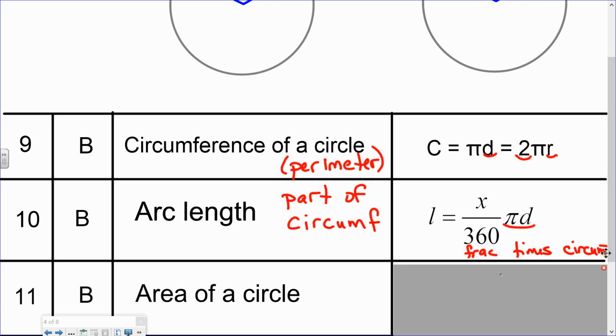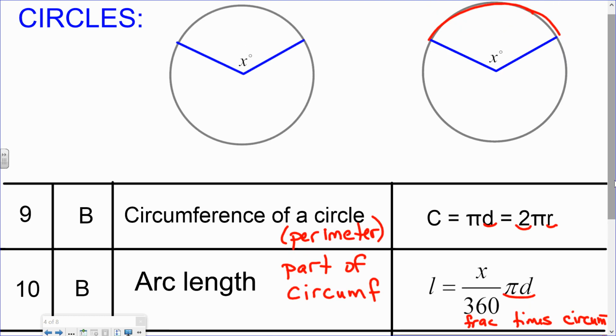So here's the circumference, pi d. The fraction would be, if it is 360 degrees all the way around the circle, but we're only going x degrees, and that's if we have the vertex right there at the middle of the circle. So the fraction becomes x over 360 times pi d, or x over 360 times 2 pi r.